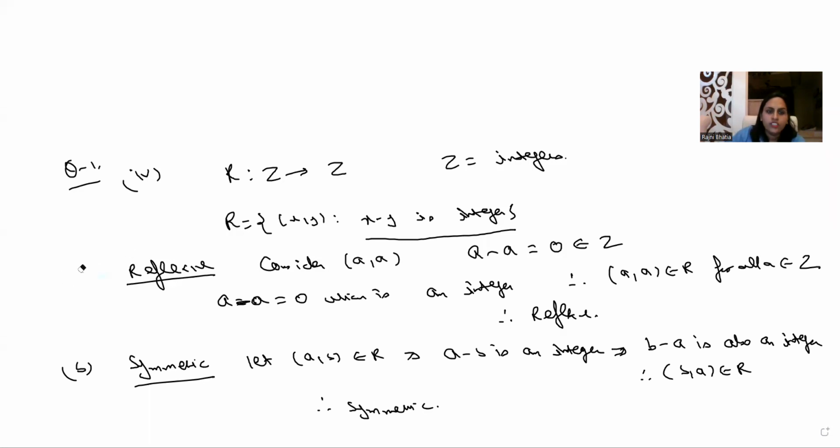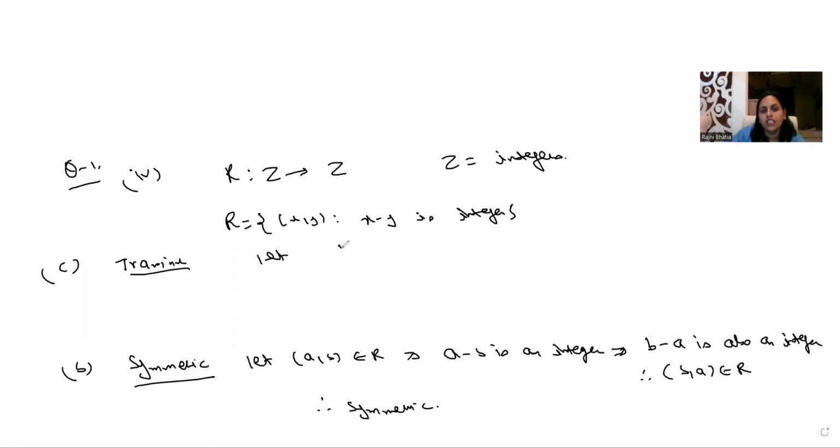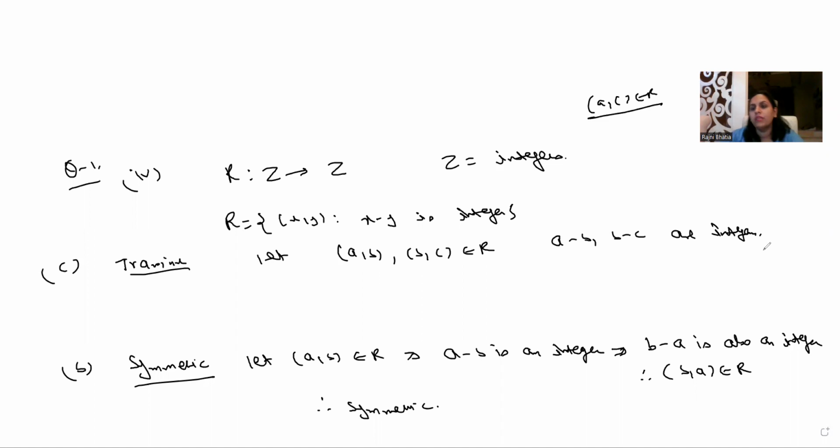Now we are going to see for transitivity. We are writing the proof like this just because this will be an infinite relation. In an infinite relation we check in a generic way. So for transitivity we will write: let A comma B, B comma C belong to R. This means A minus B and B minus C both are integers. Now for A comma C to belong to R, we have to check whether A minus C is an integer. How are we going to get A minus C?